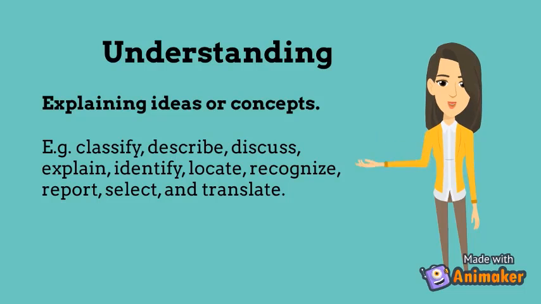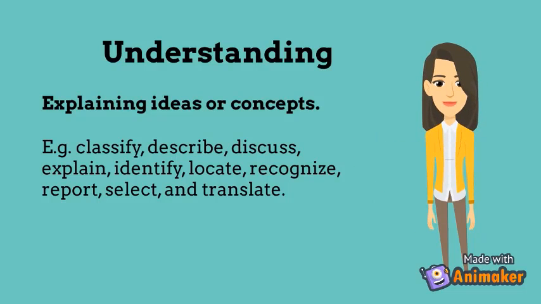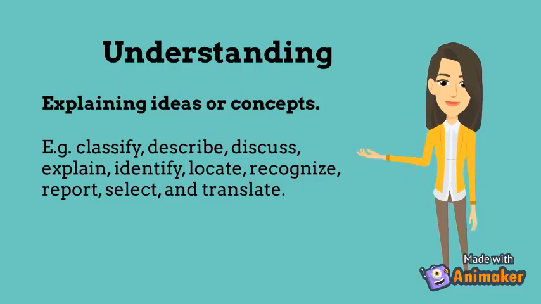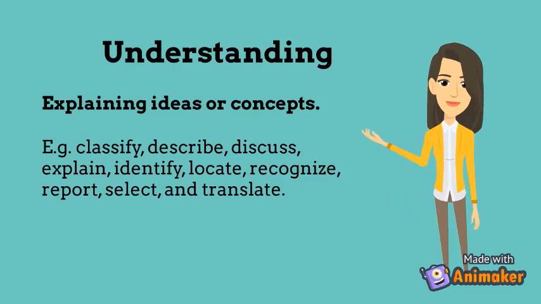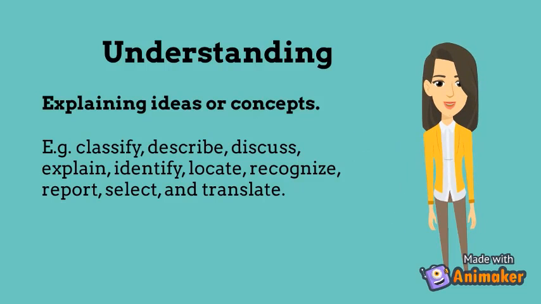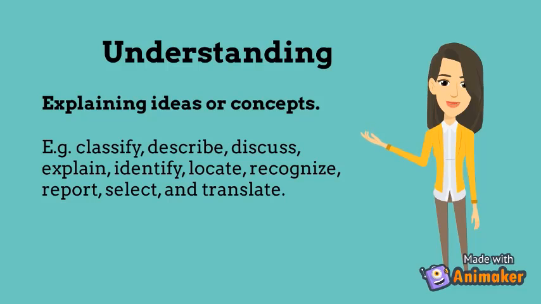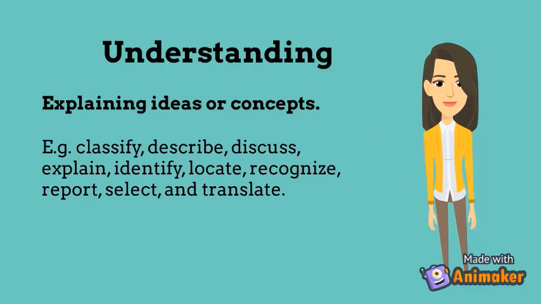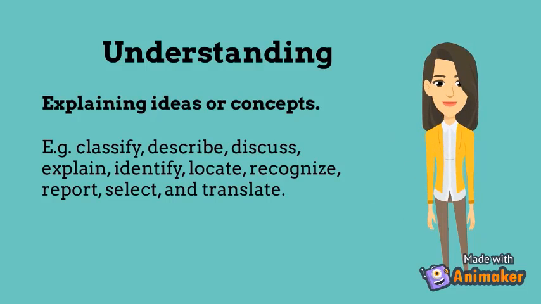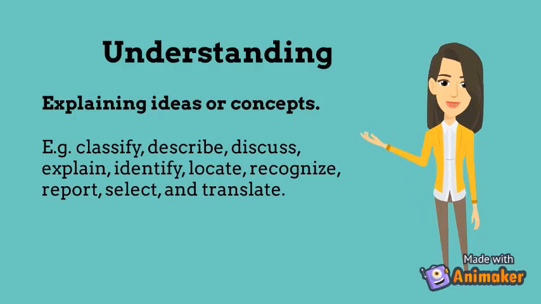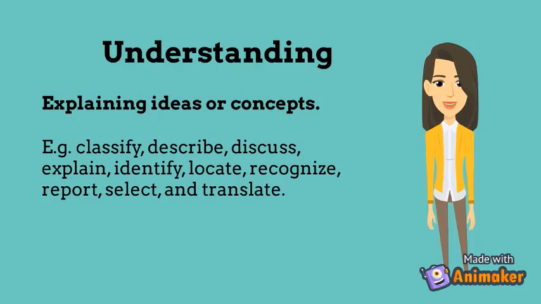Some verbs marking this understanding process are classify, describe, discuss, explain, identify, locate, recognize, report, select, and translate. So we can use some of these verbs in questions at the middle order thinking skills level.